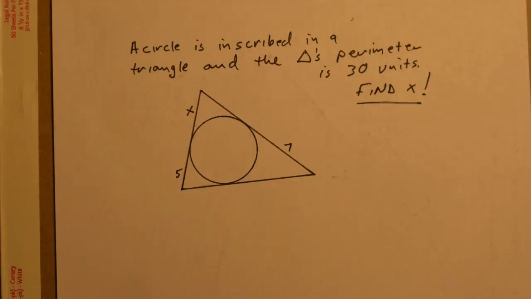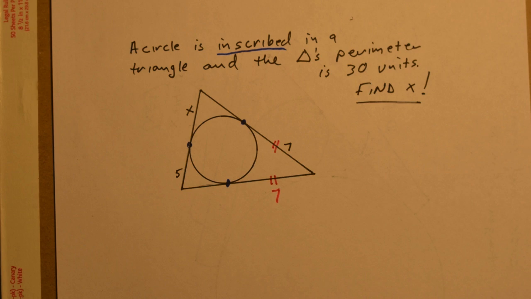Here's another example for you to sketch. Here we have a triangle that's inscribed in a circle inscribed in a triangle. And we have a few lengths given. The perimeter is 30, and we want to solve for x. So the key there is inscribed. If it's inscribed, that means it creates points of tangency. And using the tangent segments conjecture, I know that those two lengths would be 7.